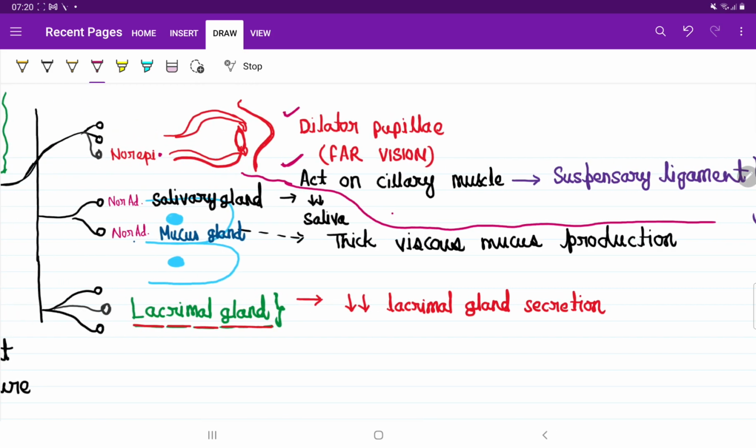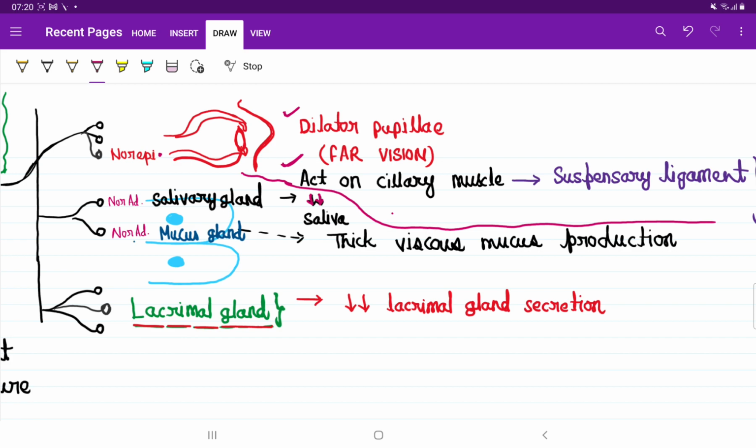Then we have secretion of the salivary gland. Saliva secretion will decrease. Saliva secretion decreases in sympathetic neural supply. Saliva will become thick. Saliva will become viscous, and there will be more mucus production from the mucus gland.